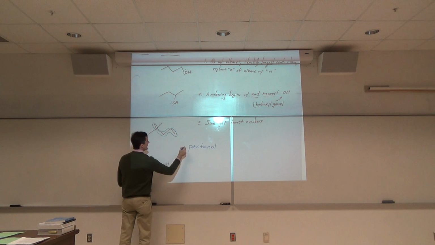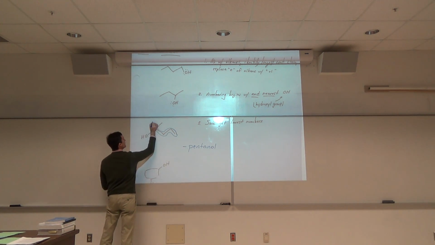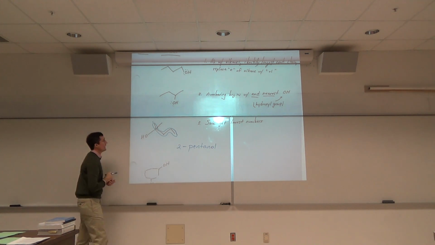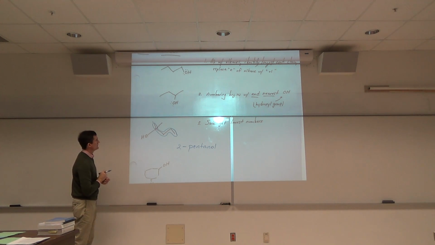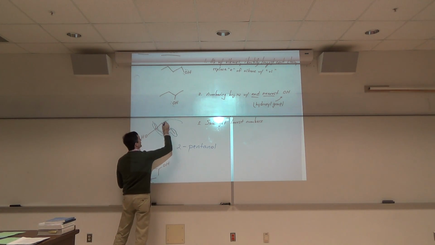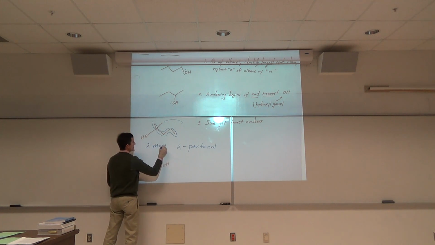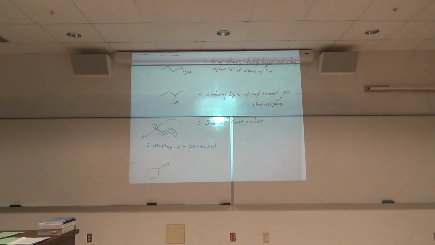Okay, where's the OH group at? 2. That's going to be 1, making that 2. And what else is on this 2-pentanol? Yeah, we have this methyl group. Where is this? It's also at the 2. So we have 2-methyl-2-pentanol.